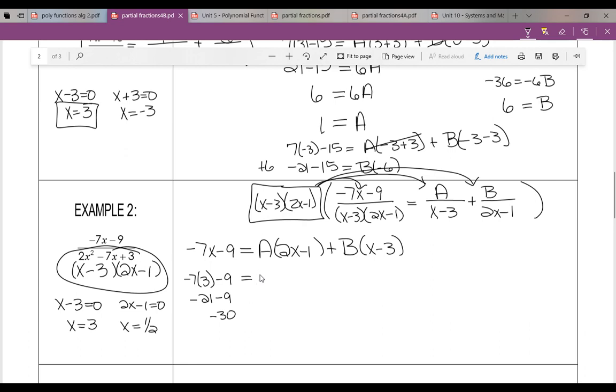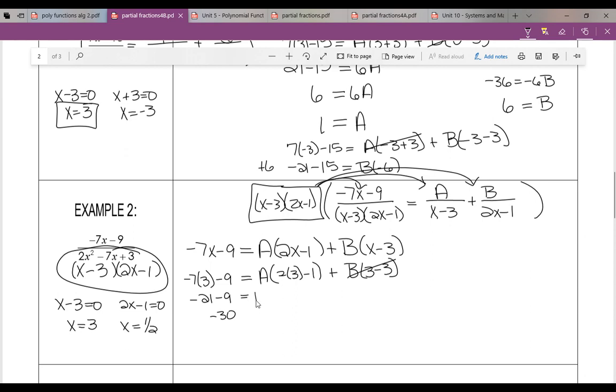The right side, A times 2 times 3 minus 1 plus B times 3 minus 3. So that knocks the B out because 3 minus 3 is 0.